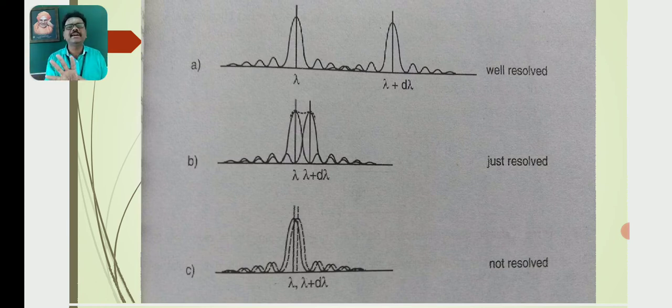So they are said to be well resolved, well separated. Then you see the second diagram, figure B, where the central maximum of one overlaps with the first minimum of the other. The two peaks are just resolved, just separated.